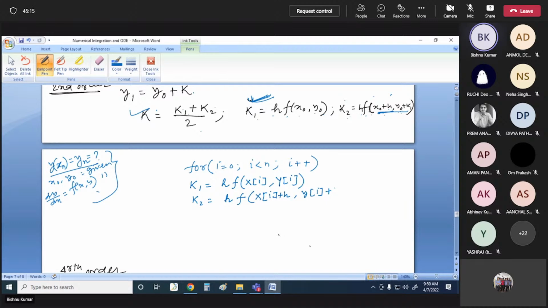So with the help of this loop, can we solve this problem? Can we get yn? Can we print the last value of yn? What is yi plus 1? Print yi plus 1, that is the last value, that is yn. With the help of this loop, can we solve this? Is it clear?